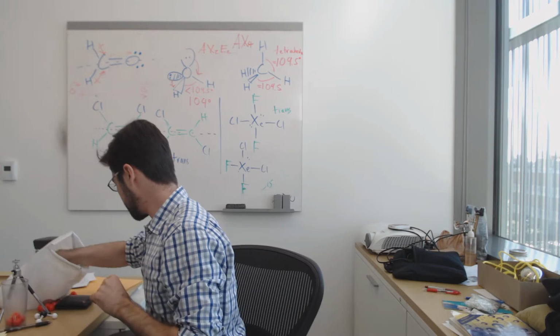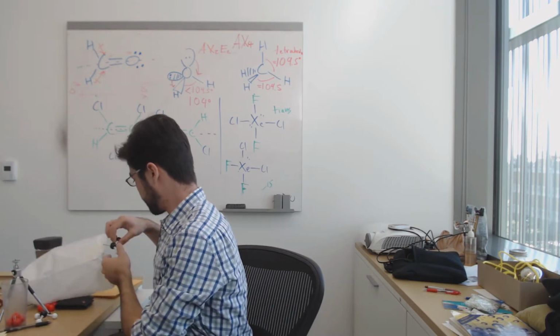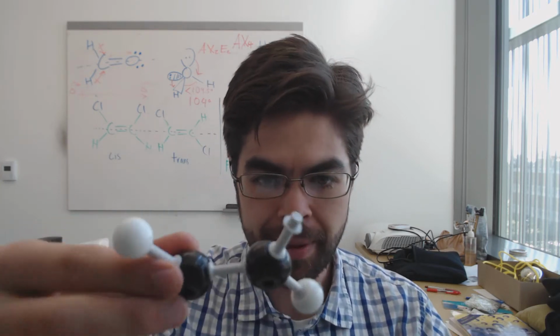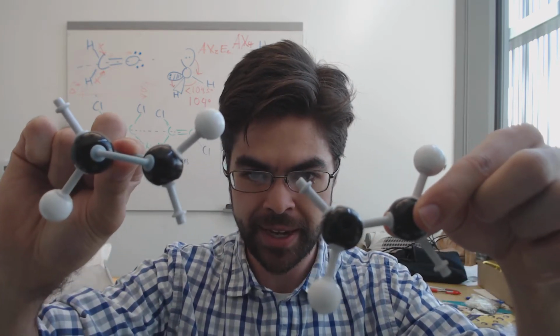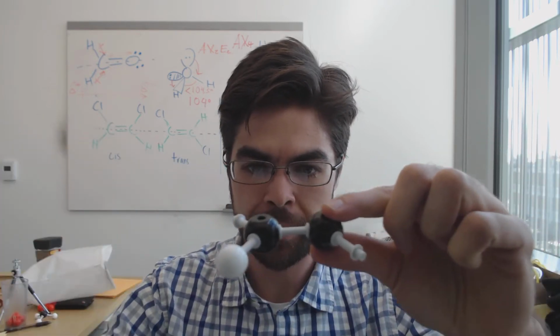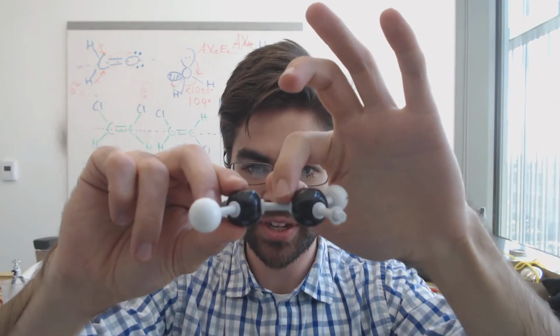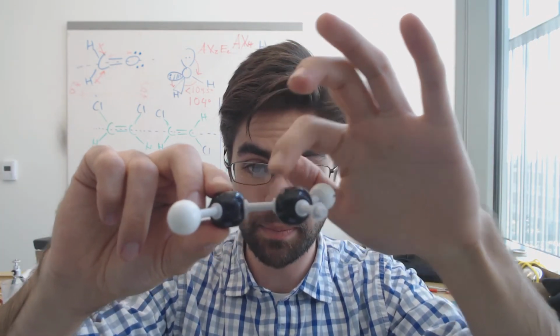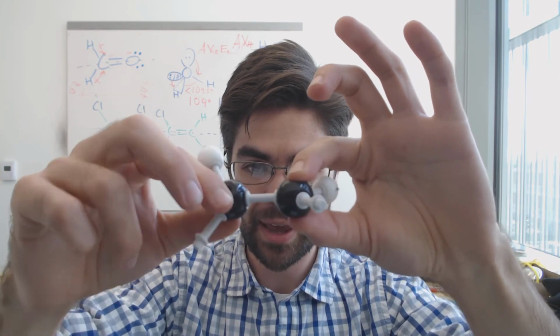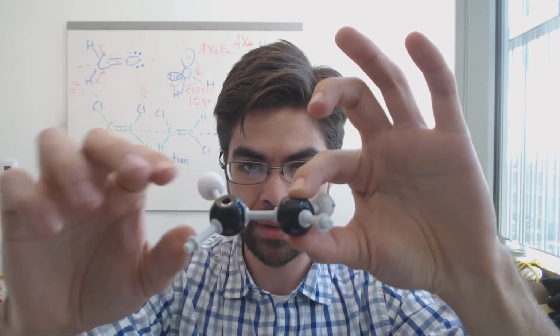But if I had something a little bit simpler, something that had this type of geometry, they both have the same trigonal planar geometry, but this one is constructed such that you're only going to have a sigma bond here, and sigma bonds can be twisted without breaking the bond.